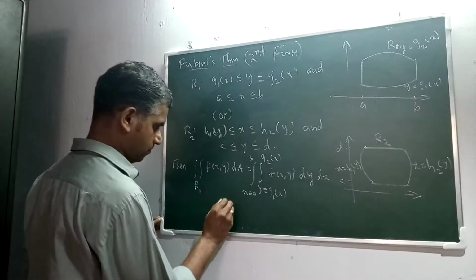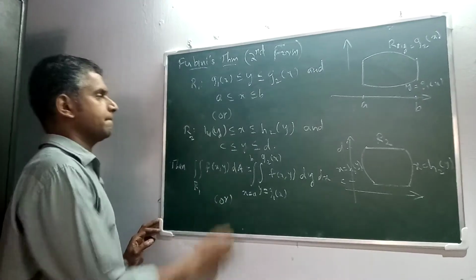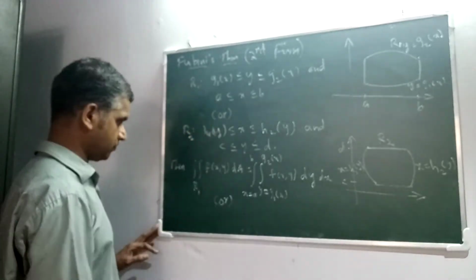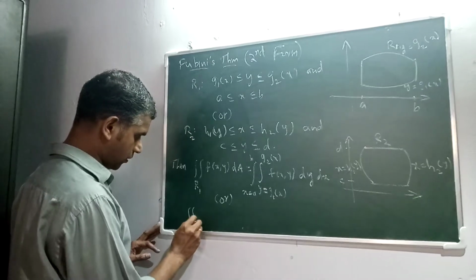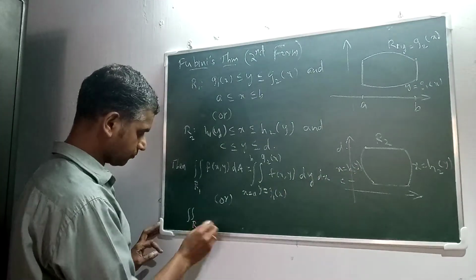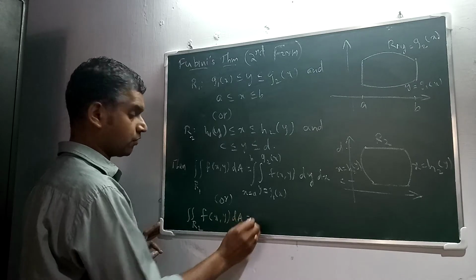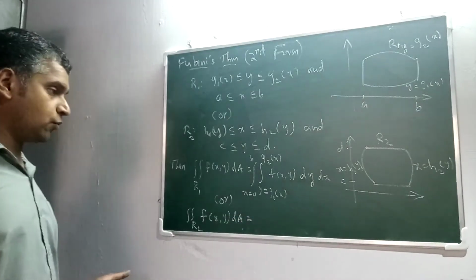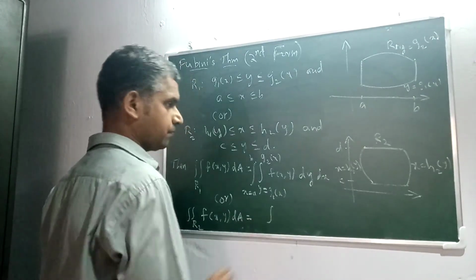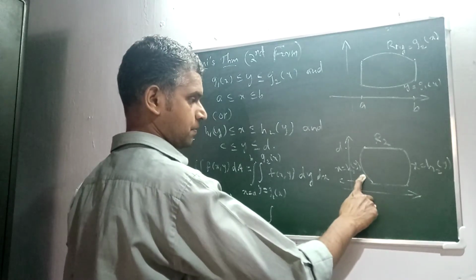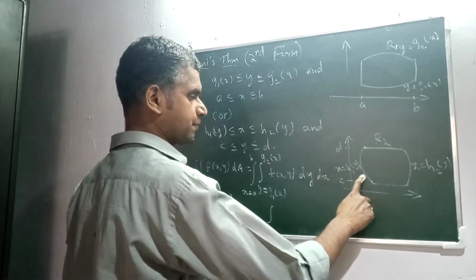Or this, or double integral over R2, this region R2, f of x comma y dA can be evaluated again as iterated integrals. How? First you integrate in this case with respect to x first.